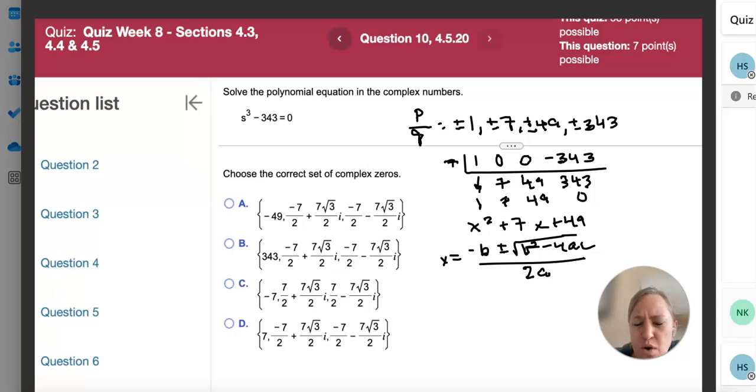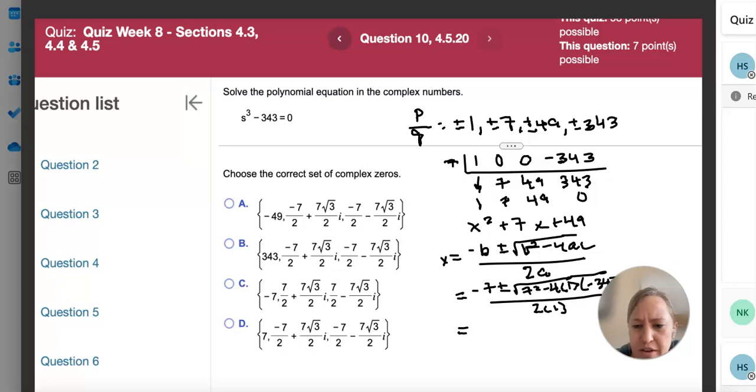Well, a equals 1, b equals 7, c equals 49, so plugging all of that in, negative 7 plus or minus the square root of 7 squared minus 4 times 1 times negative 343 all over 2 times 1.